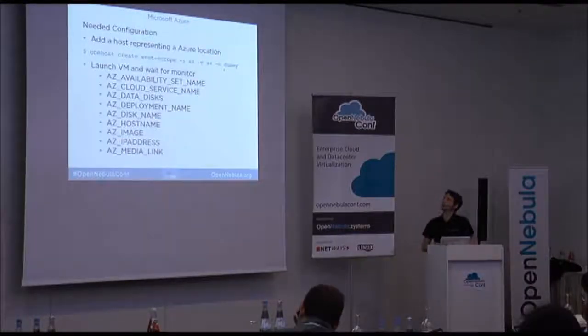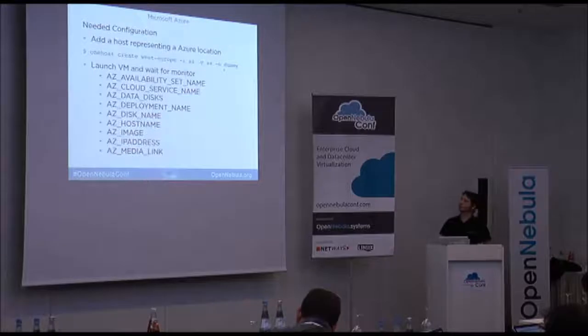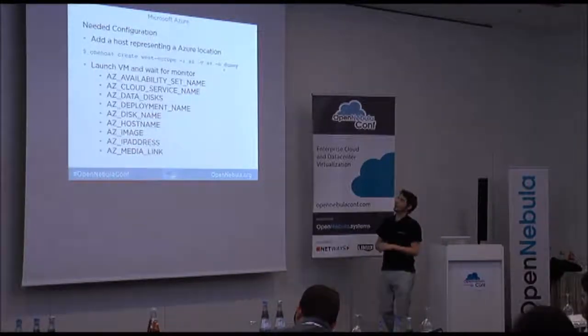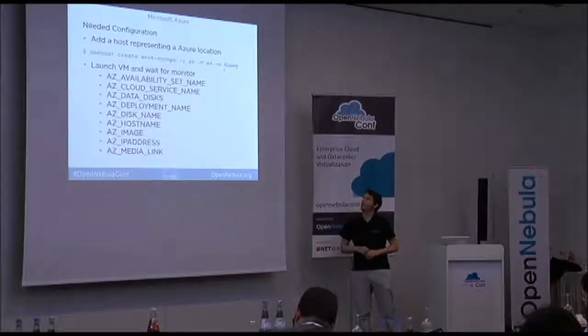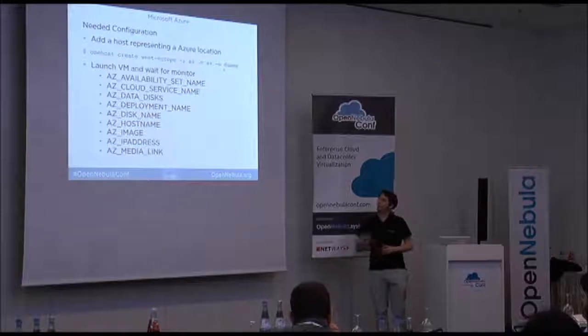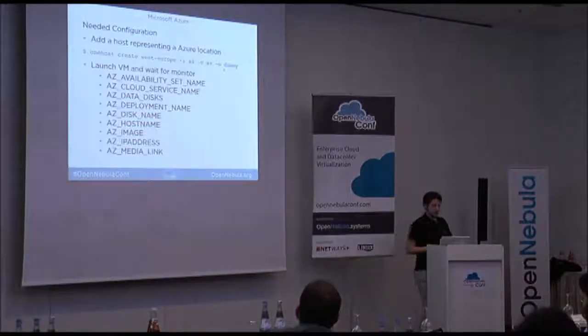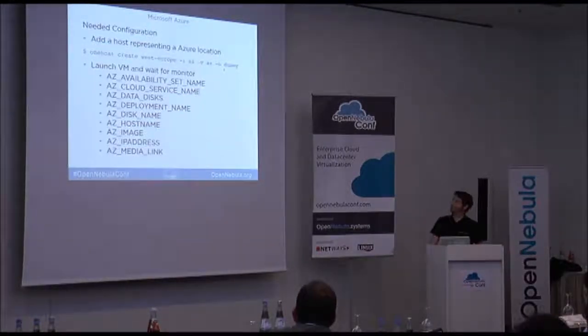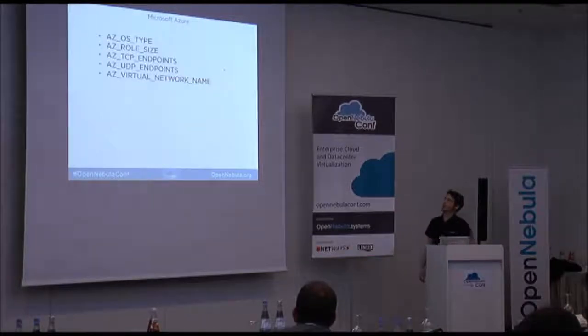Again, you add the host of your preferred region, and then you will get a set of different monitoring attributes. They start with a set, and they are basically host name, the IP address, the role size, for instance, the TCP open endpoints, and so on.